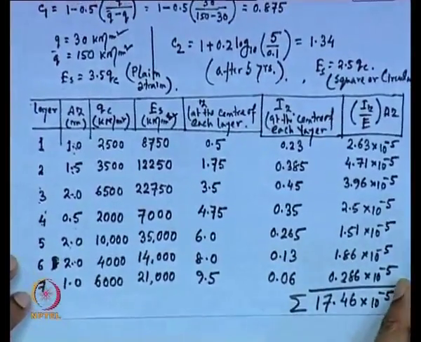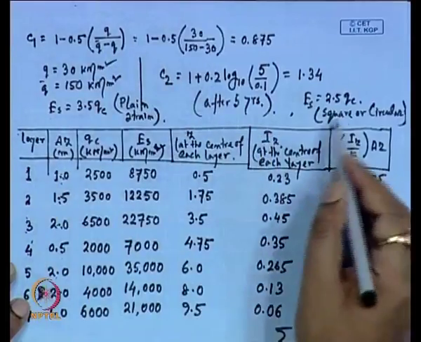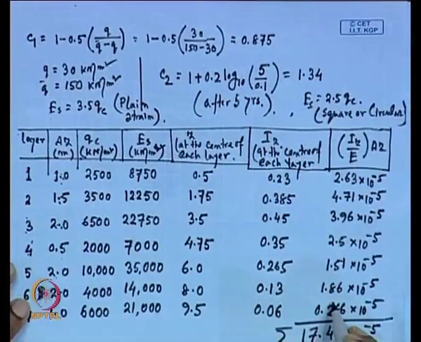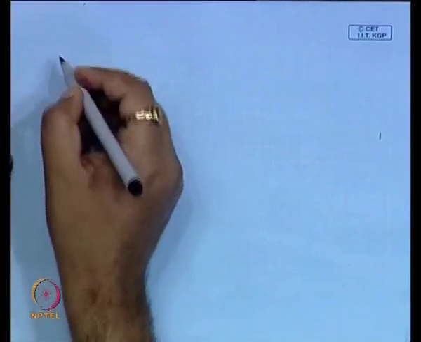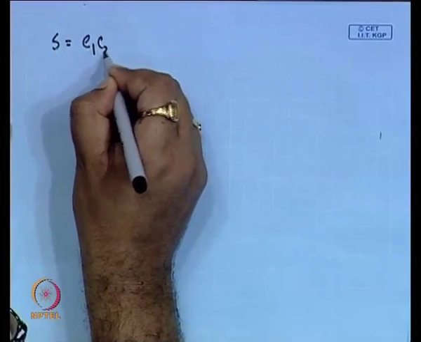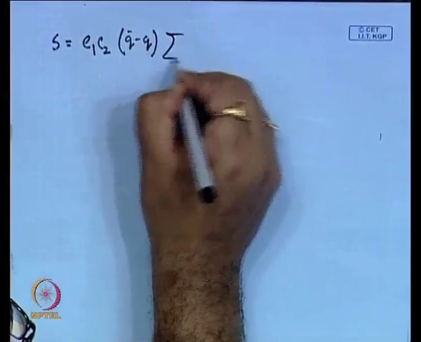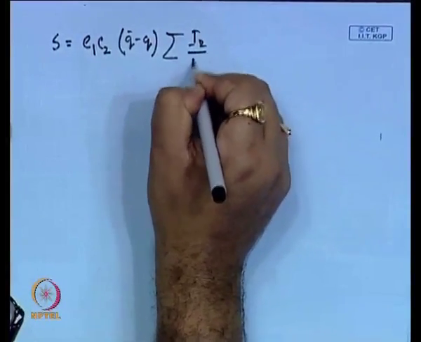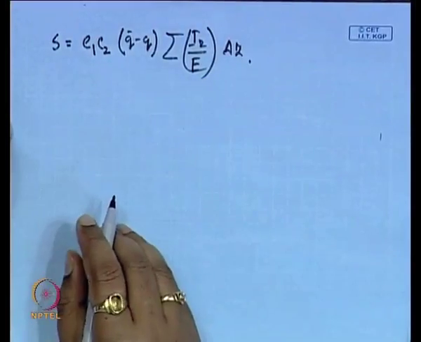Now, we know the C1 value, we know the C2 value, we know this summation term. So, now we will calculate the settlement. The settlement is C1 into C2 into (q bar minus q) into summation of Iz by E into del z.